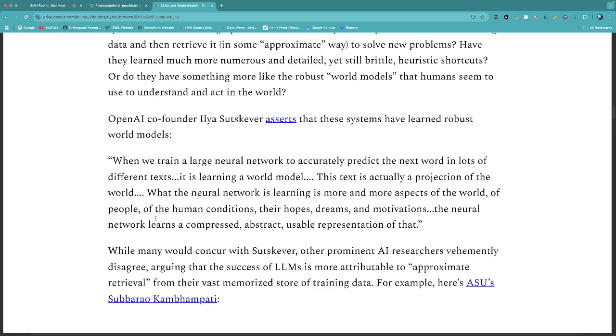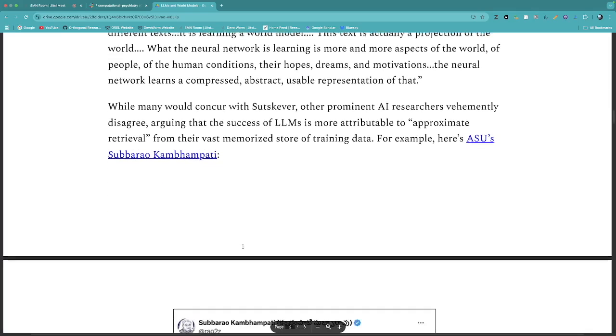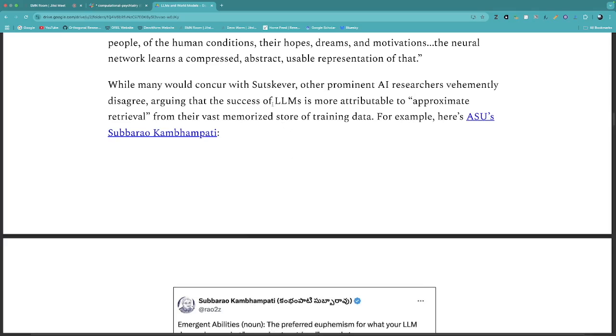So some people would agree with this, other people disagree, arguing that the success of large language models is more attributable to approximate retrieval from their vast memorized storage of training data.